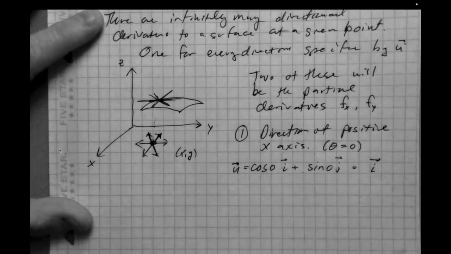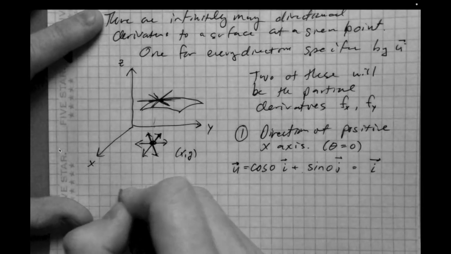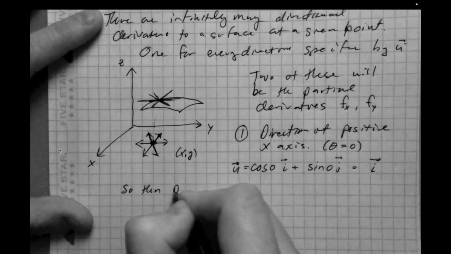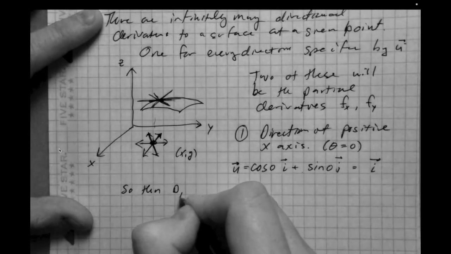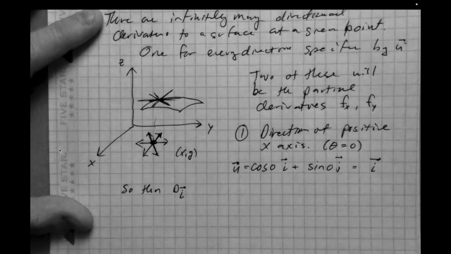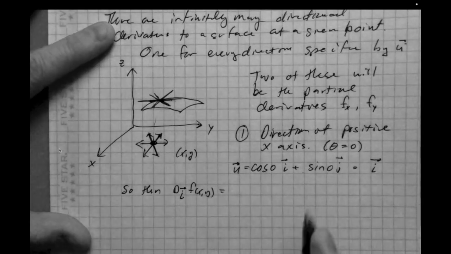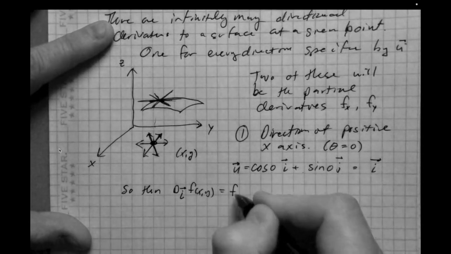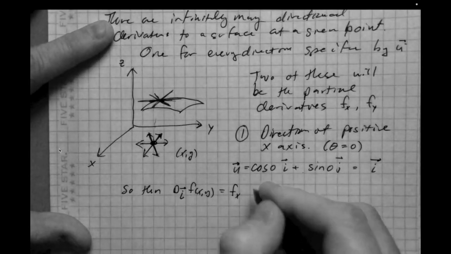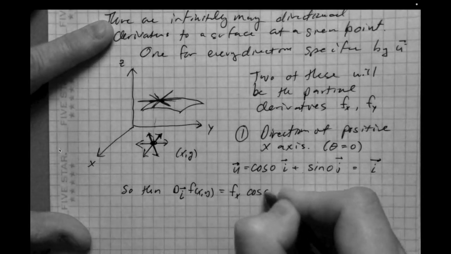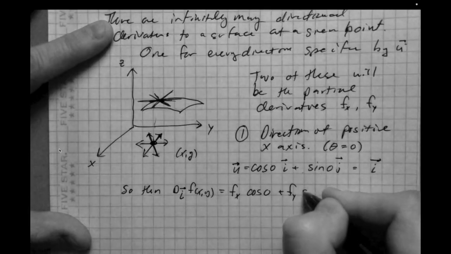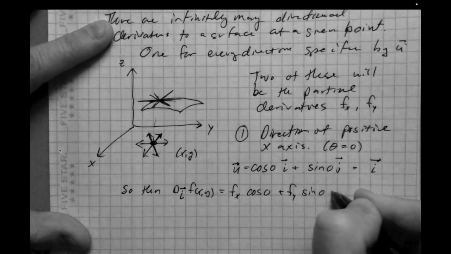And so the directional derivative, you would write D sub i of f of x, y, is going to be, using that previous theorem, f sub x cosine of 0 plus f sub y sine of 0.